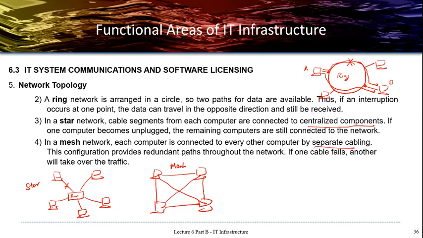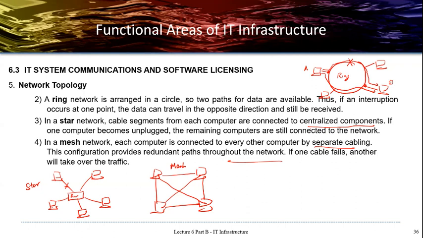This configuration provides a redundant path throughout the network. If one cable fails, another will take over the traffic. So that's the advantage of a mesh net. But the thing is, there are so many connectivity points. That's the disadvantage of a mesh.